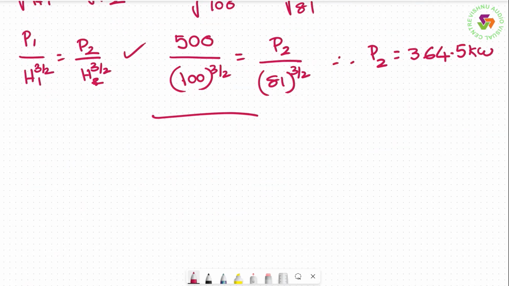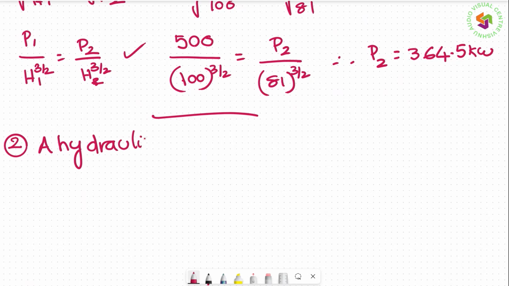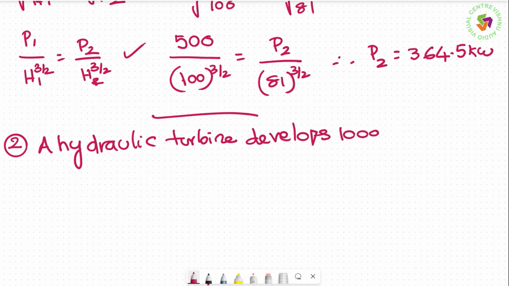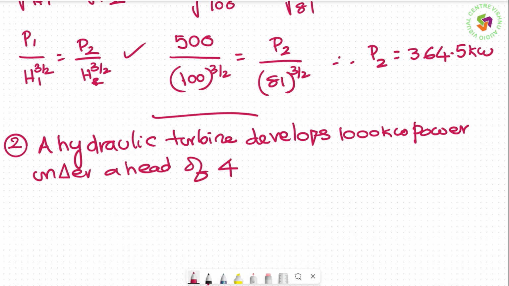A recent GATE problem, I will give it to you. Try to solve that. A hydraulic turbine develops 1000 kilowatts power under a head of 40 meters.